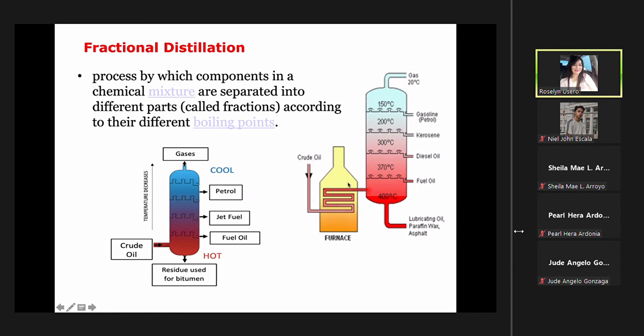What goes out first in fractional distillation is the gas. Then after that, gasoline. Next, kerosene. Next, diesel oil. And next, the fuel oil. What remains are the lubricating oil, the paraffin wax, and asphalt in the lower chamber.